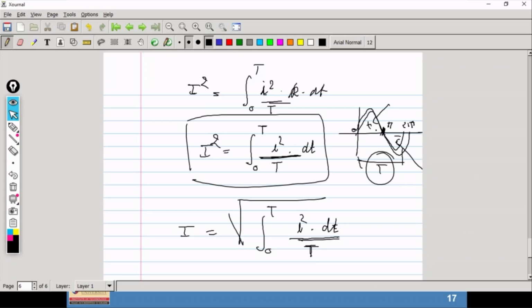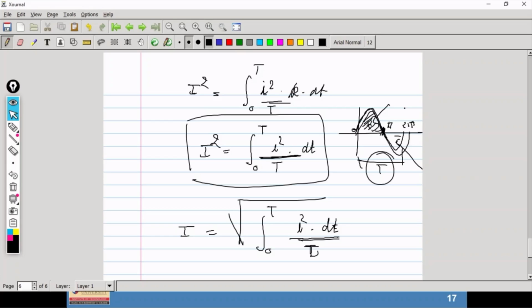So whether the waveform is symmetrical or unsymmetrical, according to that you have to choose the value of T, the time period, as well as the range of integration. If you are integrating this area, then it would be 0 to pi. If you are integrating for the whole sine wave, it is 0 to 2 pi. So this way you can write the different equations and solve the different numericals, isn't it?